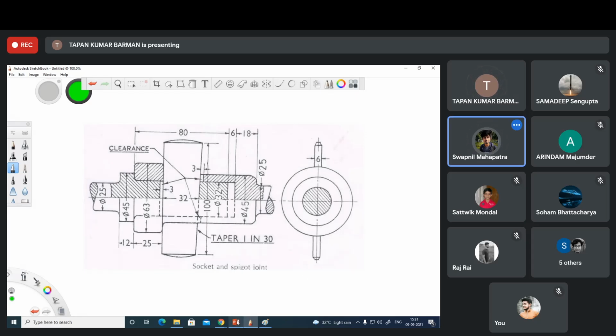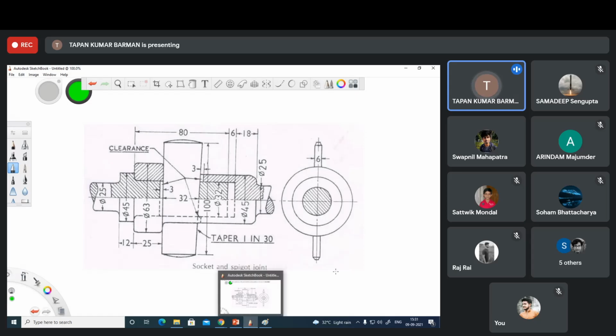Wait for a second, actually. So we are drawing very roughly now. Okay, no problem. Should I share this? No, I have already shared the document. In that document, this drawing is there, in PDF format.